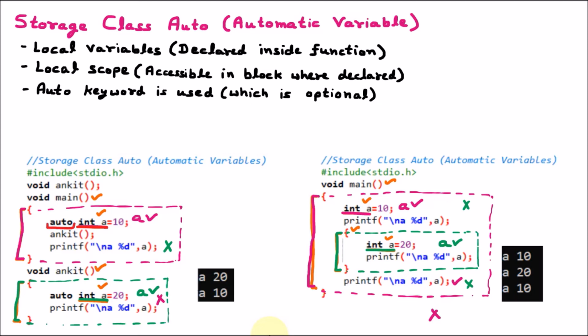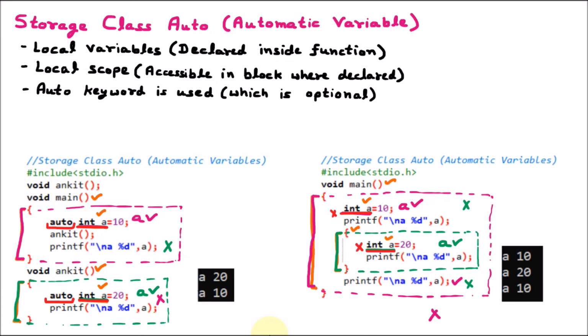And again, inside the Ankit function, we are declaring a variable int a, and we are using the keyword auto. In the other program, again we are declaring one variable int a, but here the auto keyword is not used. Similarly, inside the block, we are declaring one variable int a, but the auto keyword is not used.